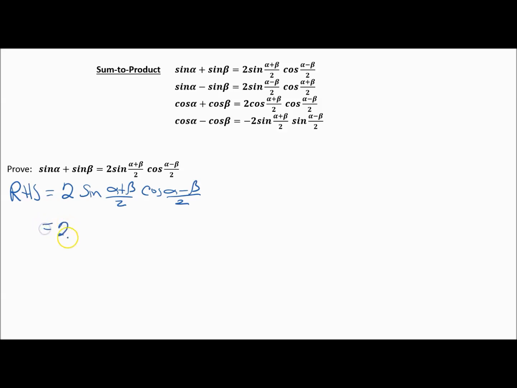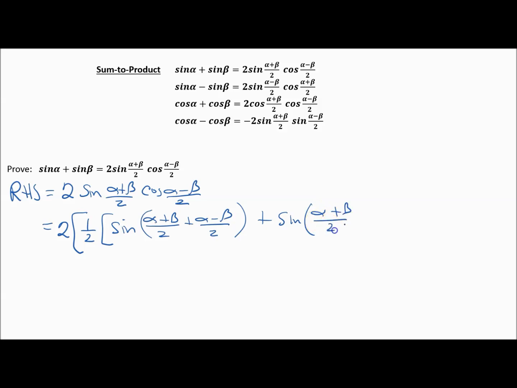So that's equivalent to 2, and then on my formula, 1/2 sine of them added: alpha plus beta over 2 plus alpha minus beta over 2, plus the sine of them subtracted: the sine of alpha plus beta over 2 minus alpha minus beta over 2. Okay, so are we sure about this? Let's go back and look.